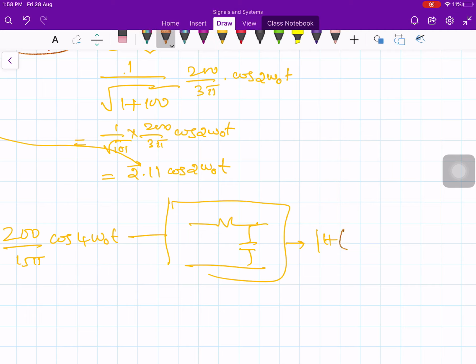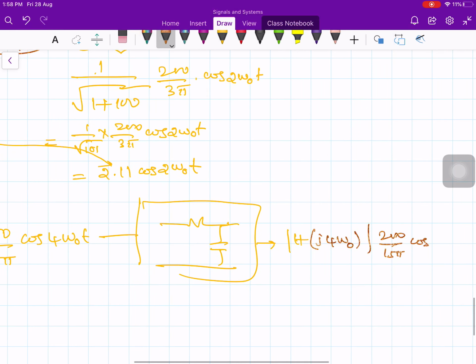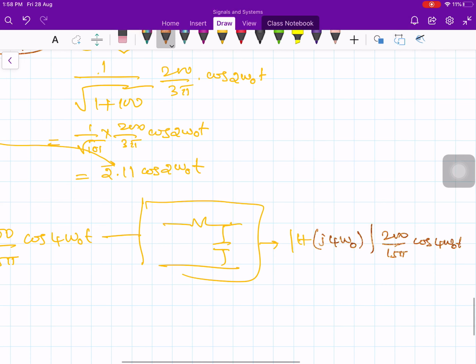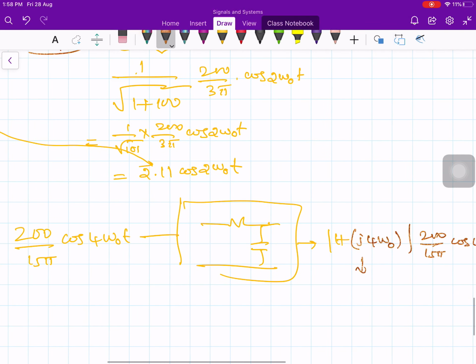So the magnitude of H of j times 4 omega naught, times the input 200 by 15 pi cos of 4 omega naught t. You know that this is 1 divided by the square root of 1 plus 25 n square, where n is equal to 4.